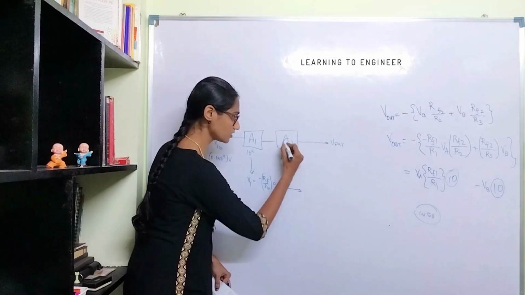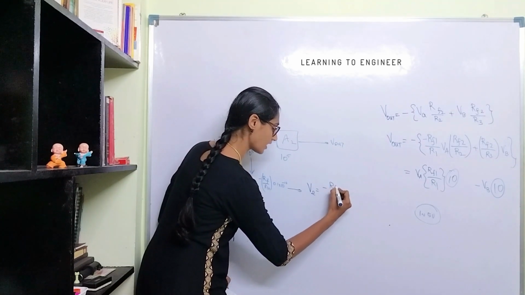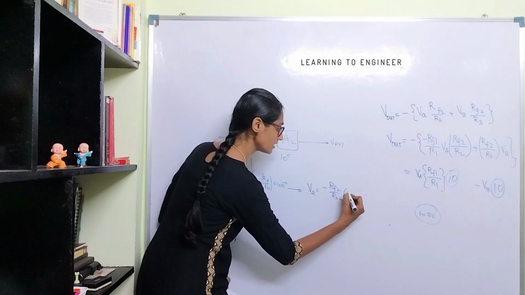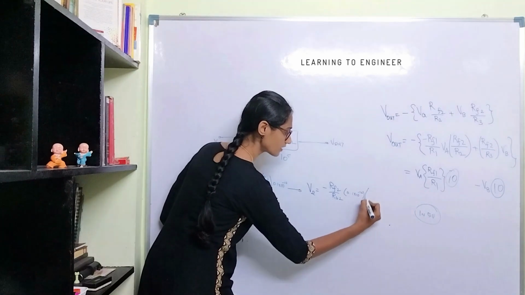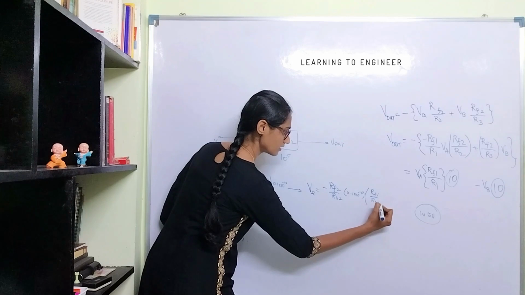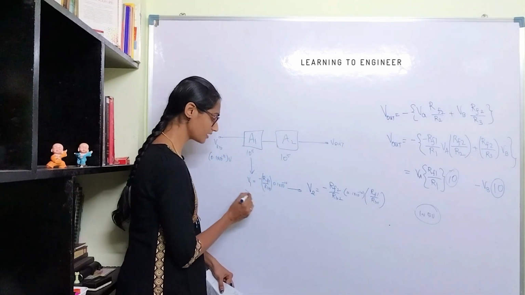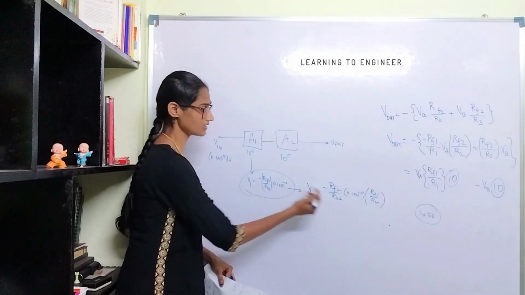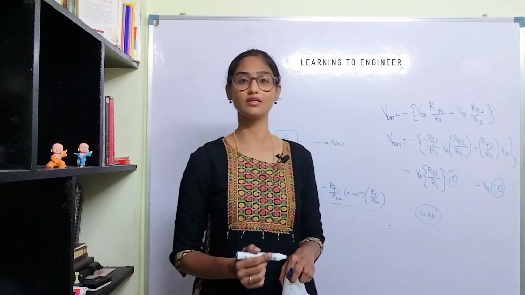And here if you give this to the second stage, the output V2 will be minus RF2 divided by Rin2 multiplied by 0.1 into 10 to the power minus 12 into RF1 divided by Rin1. So by this process, we are multiplying the gain to this input and hence getting a higher value of output. This is called a gain multiplier.